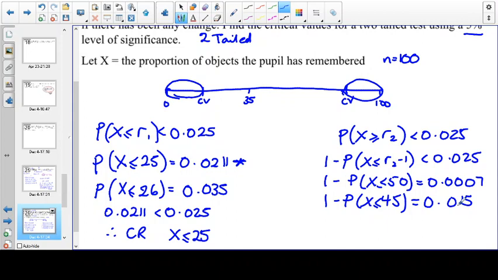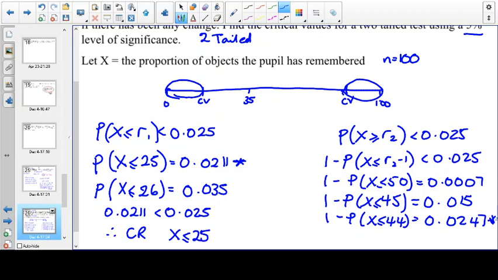If I try 44, 1 minus the probability that X is less than or equal to 44 is 0.025, 0.0247 to be precise, a bit closer, a bit more detailed.